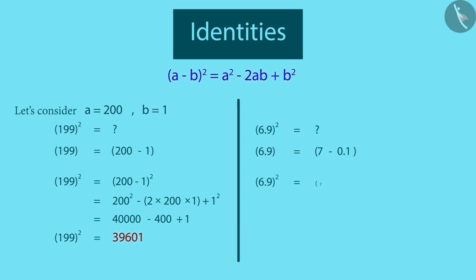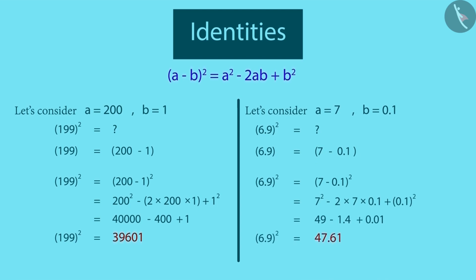So, 6.9 raised to the power of 2 will be equal to 7 minus 0.1 raised to the power of 2. 7 minus 0.1 raised to the power of 2 can be expanded with the help of this identity. Let's consider a as 7 and b as 0.1 here. Then, we will get this. After further simplification, we get this answer.